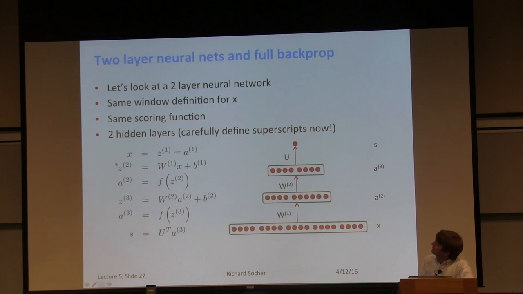Now Z2 will always be computed with the parameters of W1 times A1 plus B1, and A2 just defined as, again, element-wise application of the linear layer output Z2. And then we can repeat the same exact thing, but with Z3, A3, and we'll compute our final score s with A3 instead of just A2.